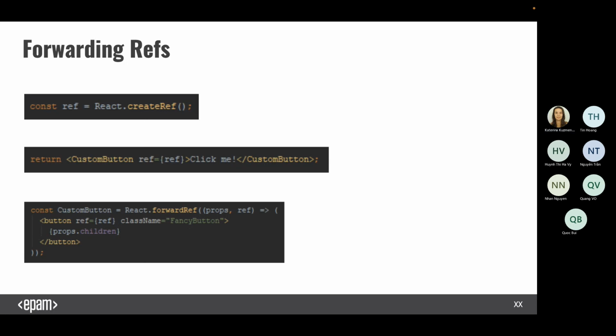So we discussed that we might create a ref using React createRef, right? Here let's imagine that we are creating some component and would like to create in this component a custom button with a ref in order to click this button, right?